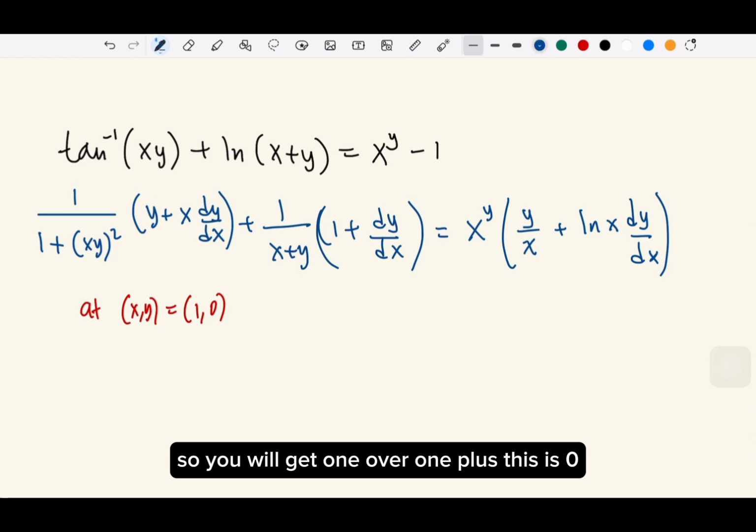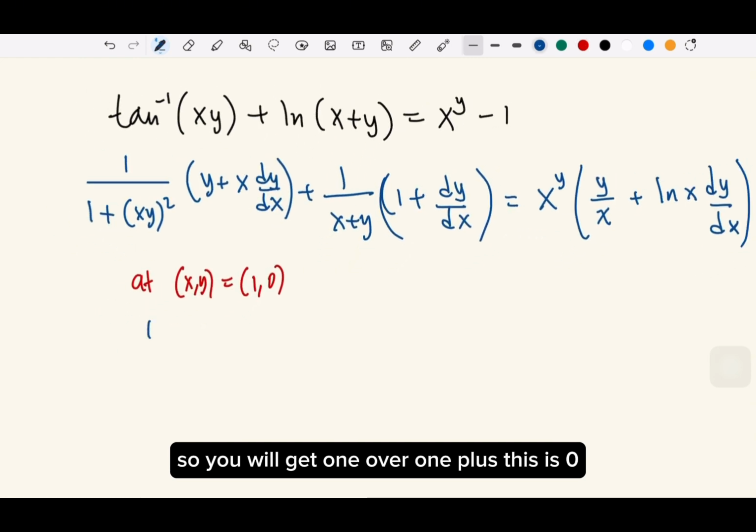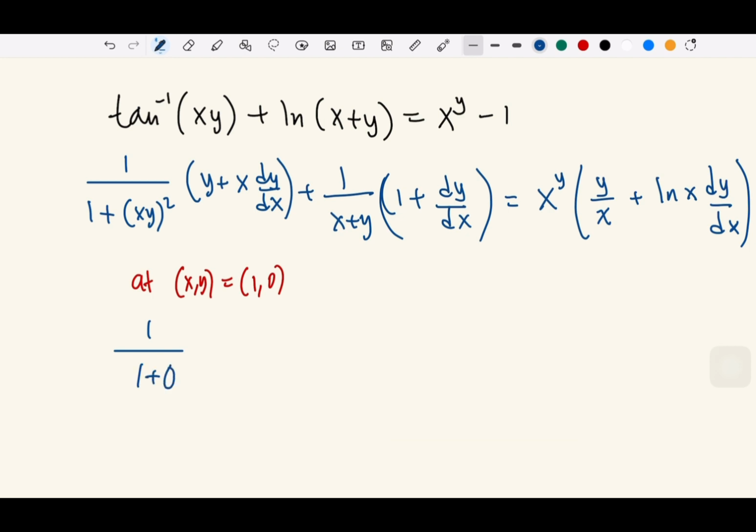So you will get 1 over 1 plus 0, plus dy dx, plus 1.